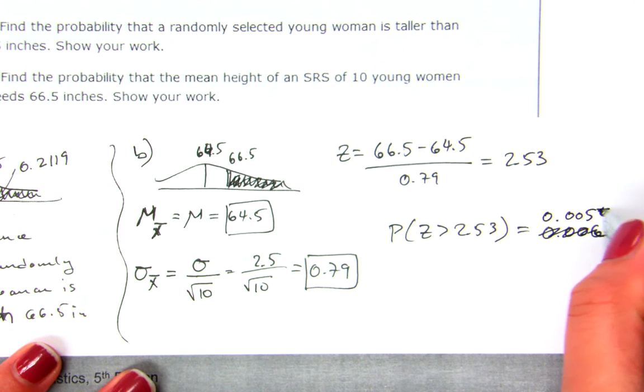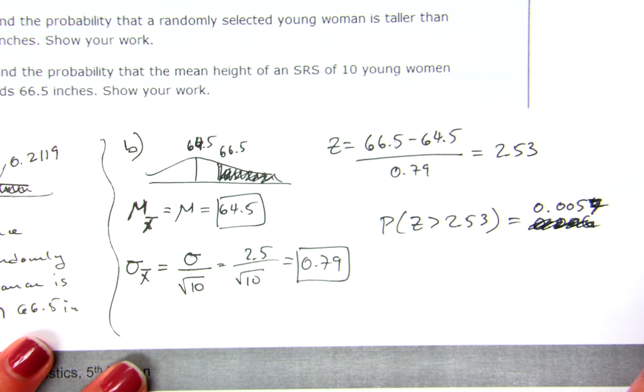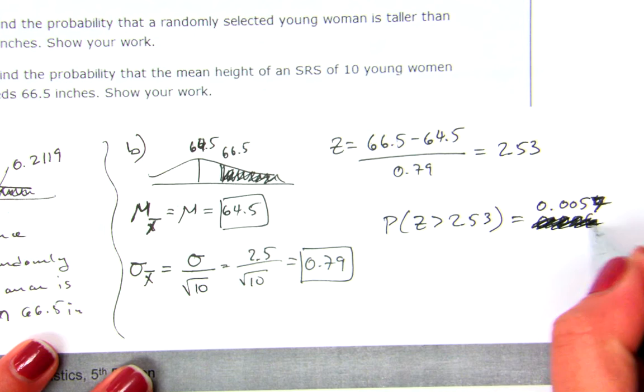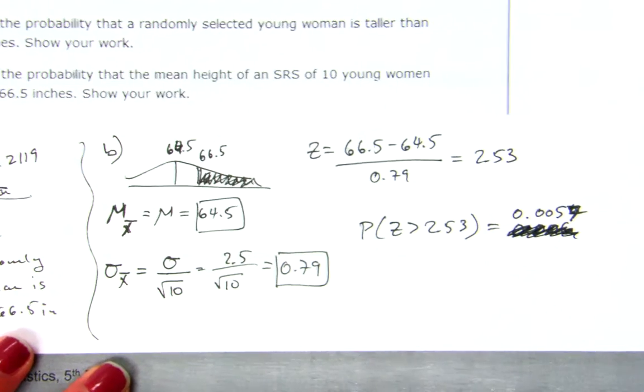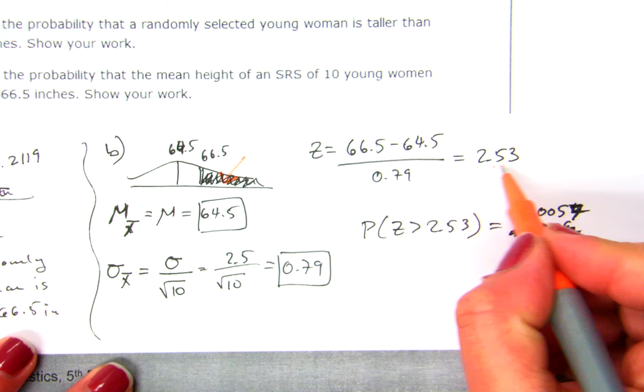Sorry, that was wrong. All right, so somewhere around 6%, or less than 6%. Sorry, 0.6%. So approximately, the area under here should be, so your z-score is 2.53.